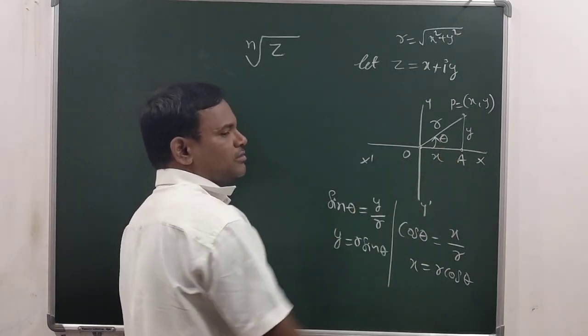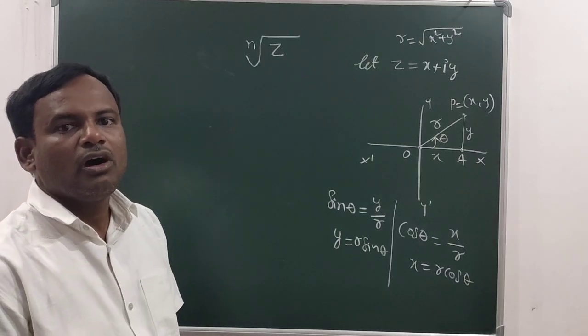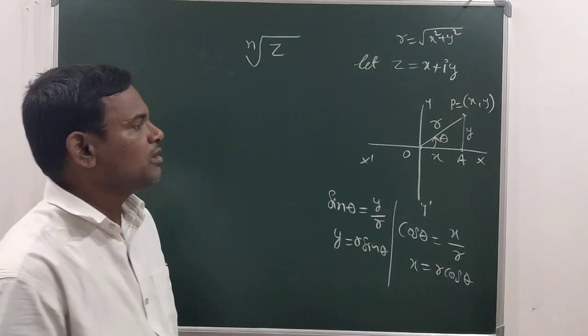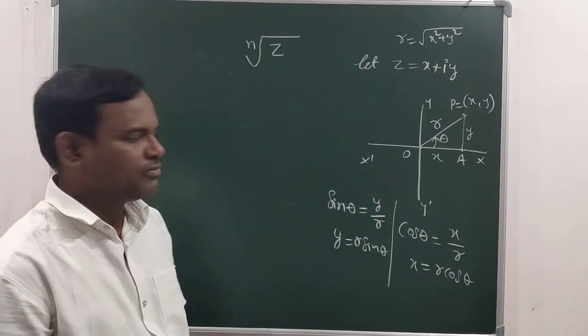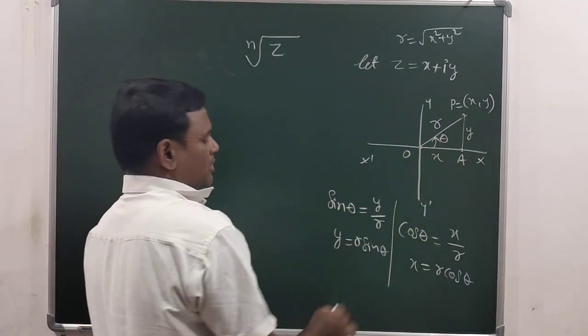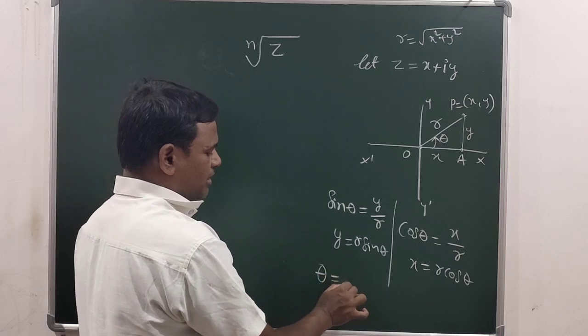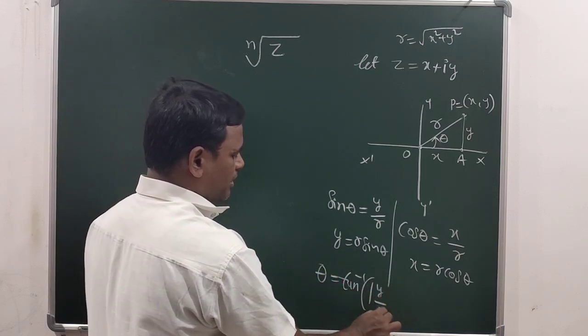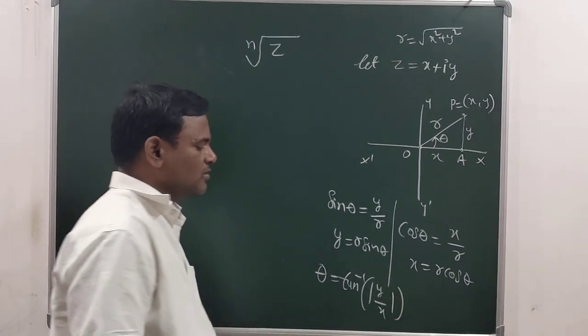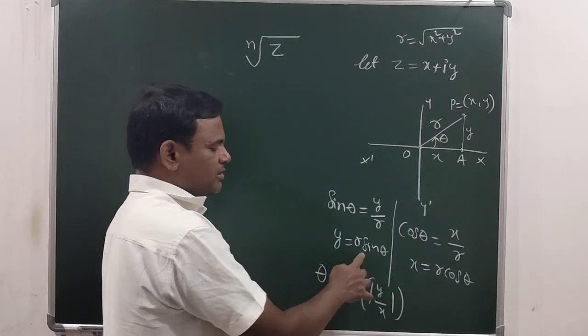So theta is called the argument or amplitude of this complex number. If you want to write theta, you will get tan inverse of mod y by x. This will come by dividing this by this.